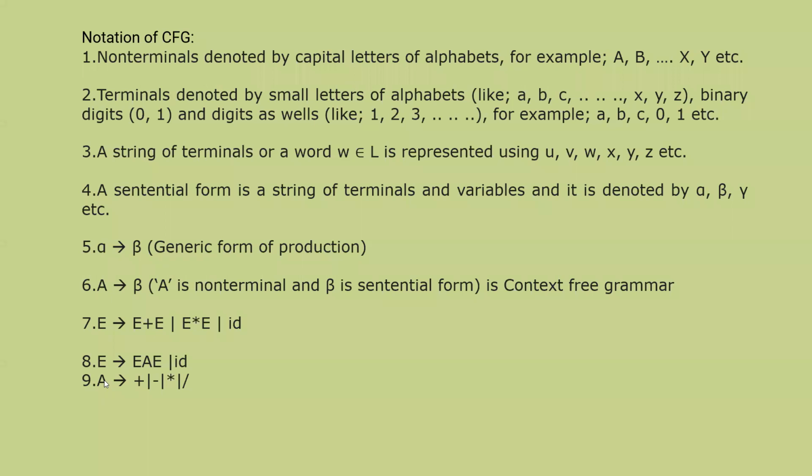If we consider the first production rule, when A produces plus, that A will get expanded to plus and you will get E produces E plus E. When A produces minus, it will get expanded to minus and you will get E produces E minus E. When A gets expanded to asterisk, you will get E produces E asterisk E. When A gets expanded to slash, that is the division sign, you will get E produces E slash E. And the fifth production for E will be E produces ID.